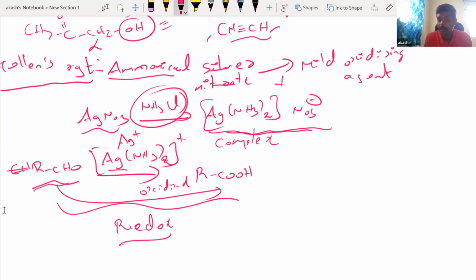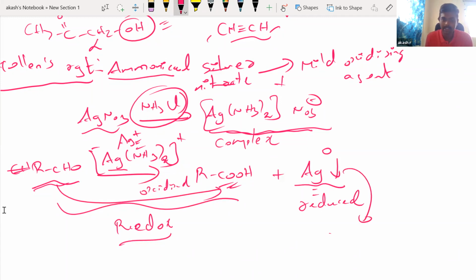On the product side, Ag will get deposited, and obviously it has a 0 oxidation state. So it is a +1 to 0 reduction. This is reduced, and this is oxidized. The silver which is formed is going to be in the form of a silver mirror.